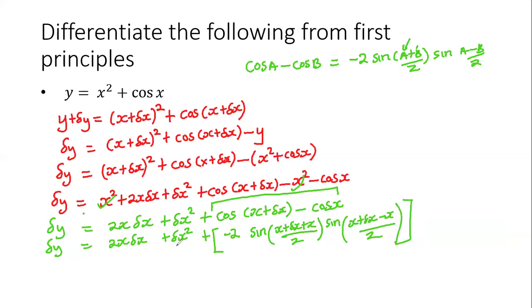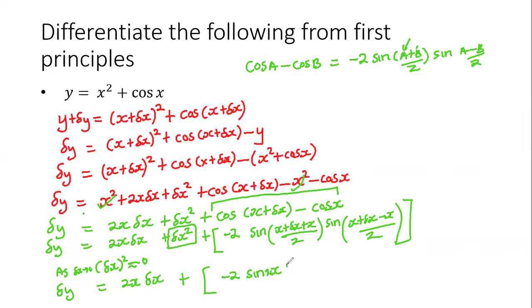If I wanted to eliminate, I could have eliminated change in x squared, because we know that small change in x squared is approximately equal to 0 as delta x tends to 0. So the whole of this can die away, such that you remain with change in y equals 2x delta x plus negative 2 sine of (2x plus delta x) out of 2, then sine of delta x out of 2.